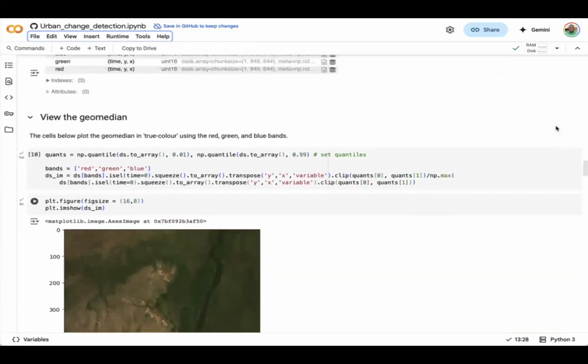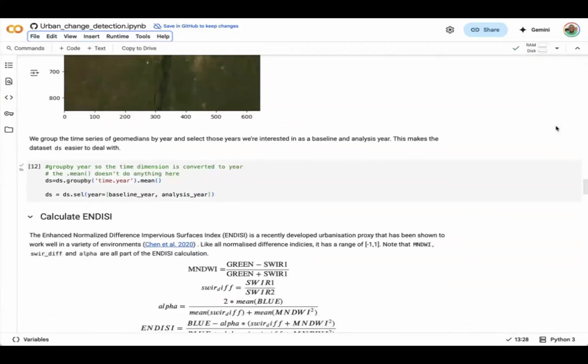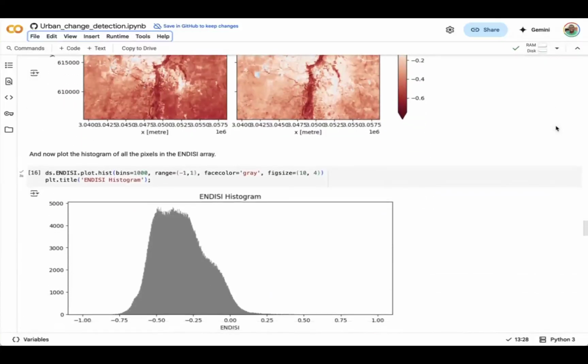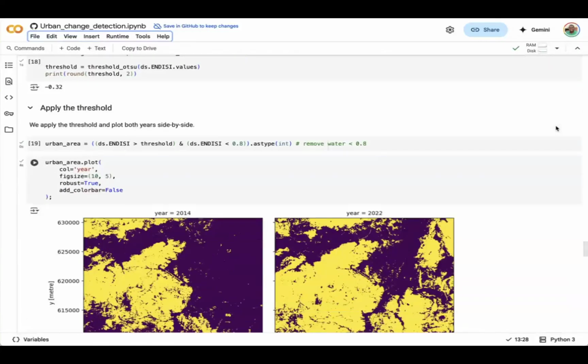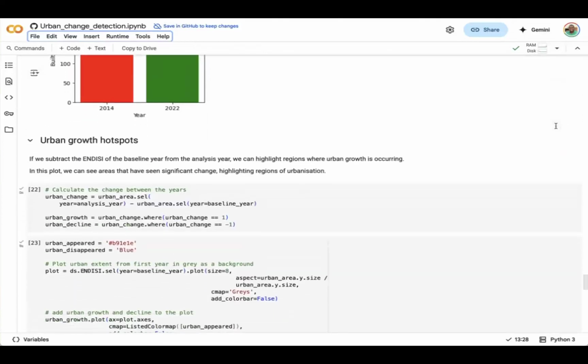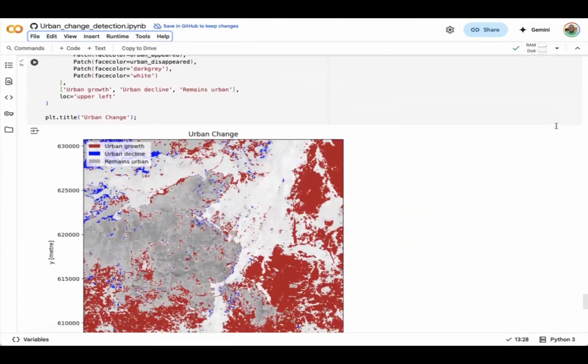In this particular case of urban change, it's a demonstration of a city, Juba in South Sudan, looking at how it has grown over time, and the same repositories loading all the packages in your direct access.